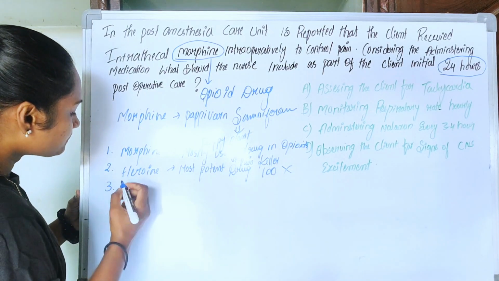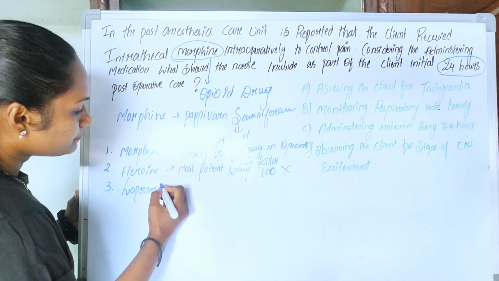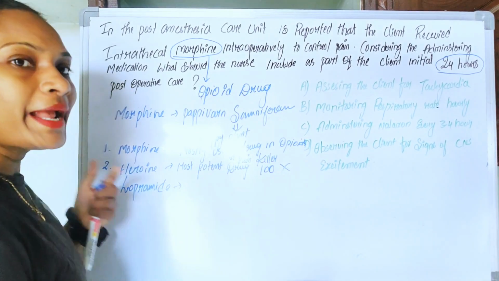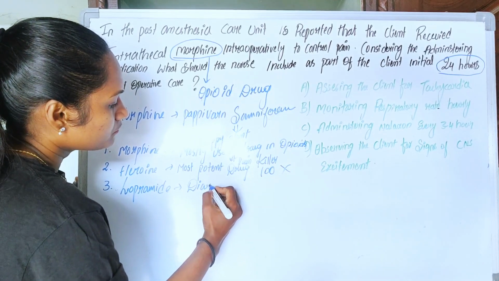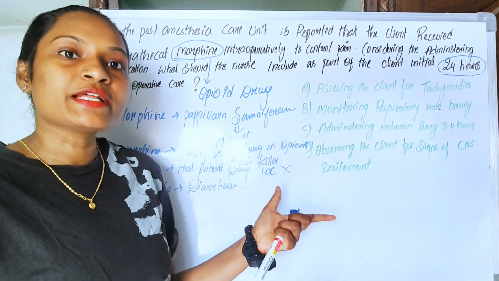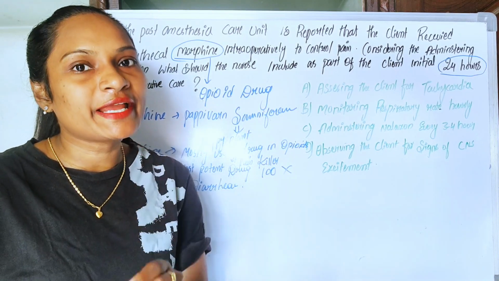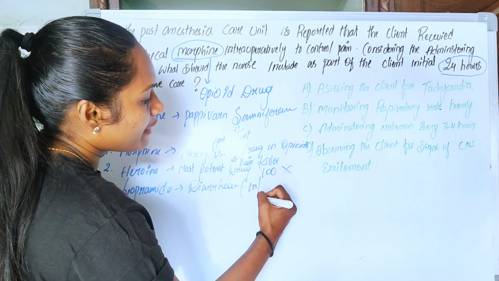So we use morphine as a painkiller nowadays. Third one is loperamide. Loperamide will be given in the condition of diarrhea, and loperamide is contraindicated in infectious diarrhea.